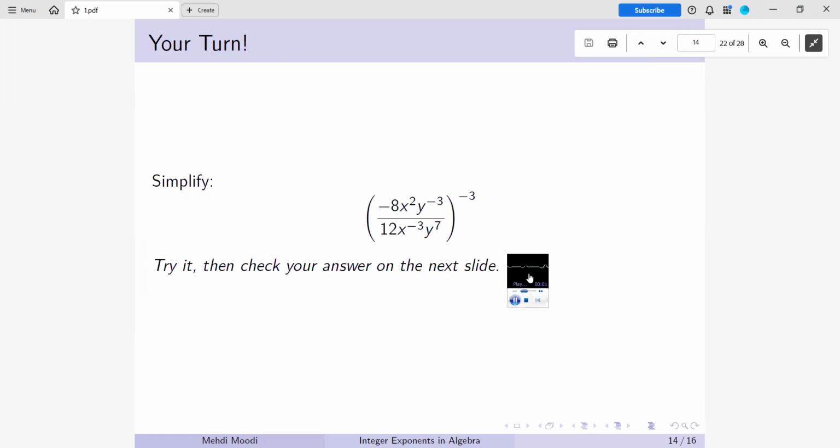Try to simplify this expression using the rules you've learned. If I were you, I would start by taking a deep breath. Then I would take care of the disturbing mess inside the brackets.